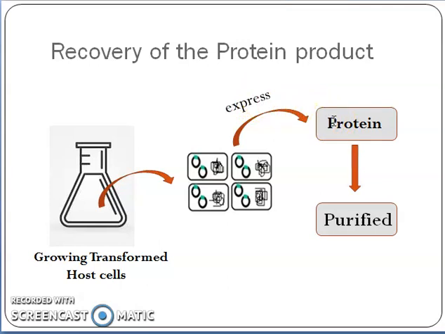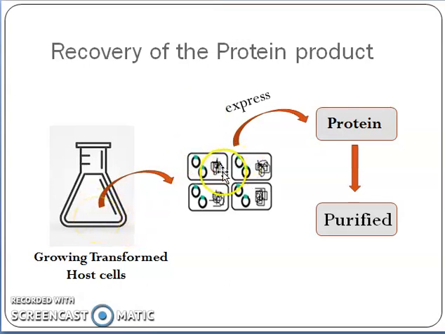Either the protein will remain inside the cells, or the cells may also secrete that protein outside them. In that case, the protein will be lying inside the growth medium.